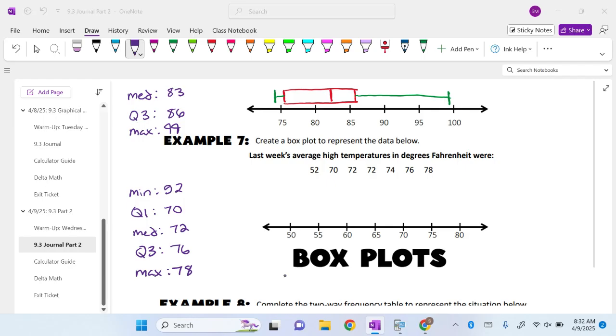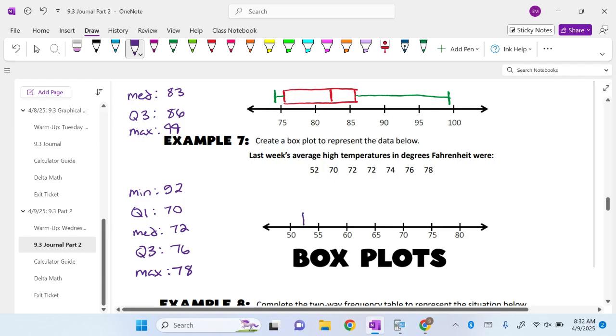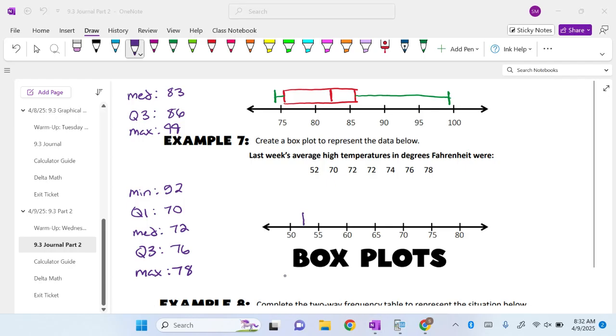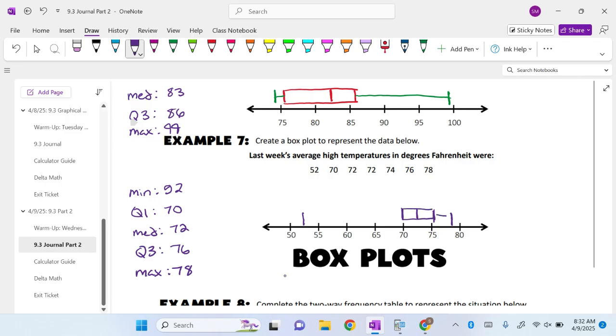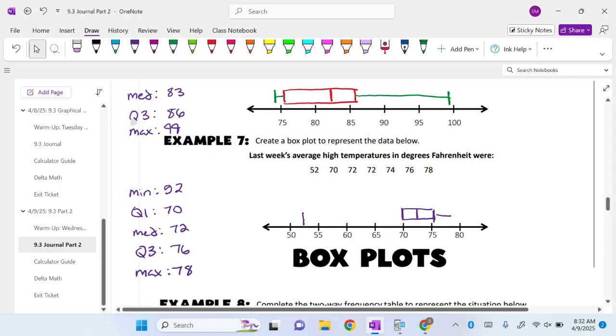So I'm going to go ahead and graph it very quickly. So there's my minimum. There's my maximum. My Q1 is at 70. My median's at 72. My Q3 is at 76. So it would look something like this.